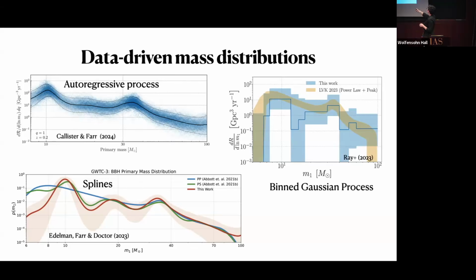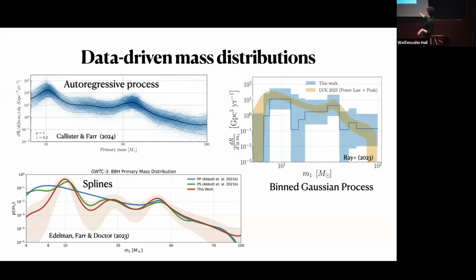But in these models, like this binned Gaussian process model, you can add bins at higher and higher masses where you haven't seen anything, and you'll get very uncertain rate measurements that are just set by the prior, which sets how you're extrapolating from lower masses out to higher masses, because you're assuming the higher masses are still correlated with the lower masses.